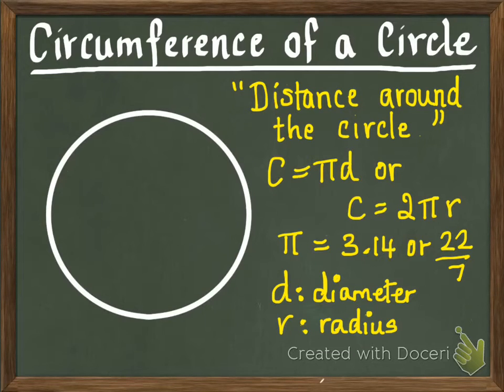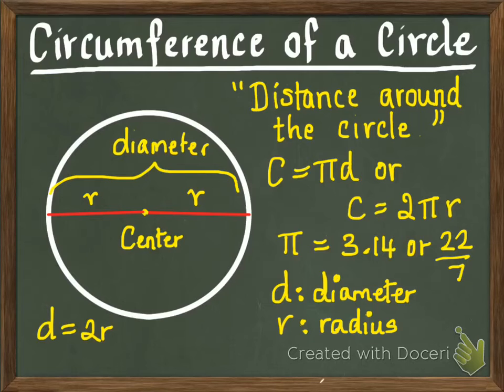The radius of a circle is the distance from the center of the circle to any point on the outer line of that circle. The diameter is twice the radius. If the diameter is twice the radius, then the radius must be half the diameter.